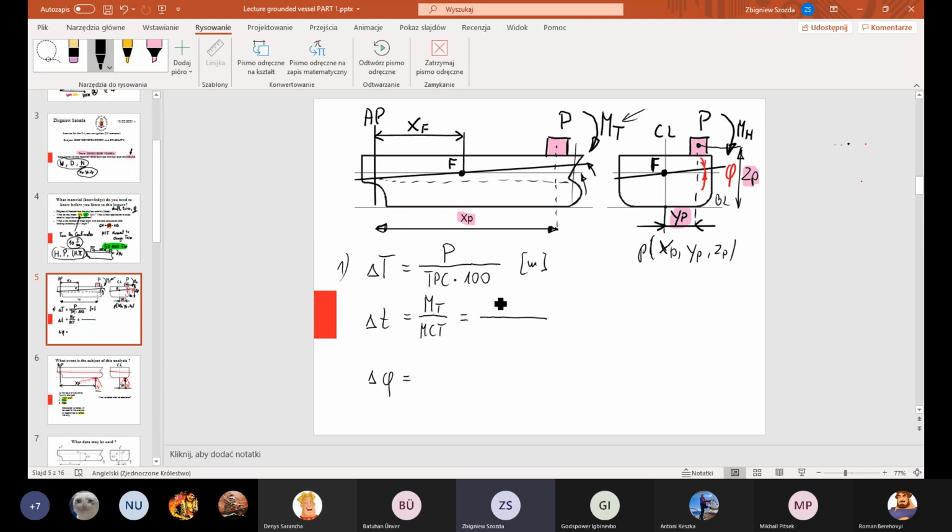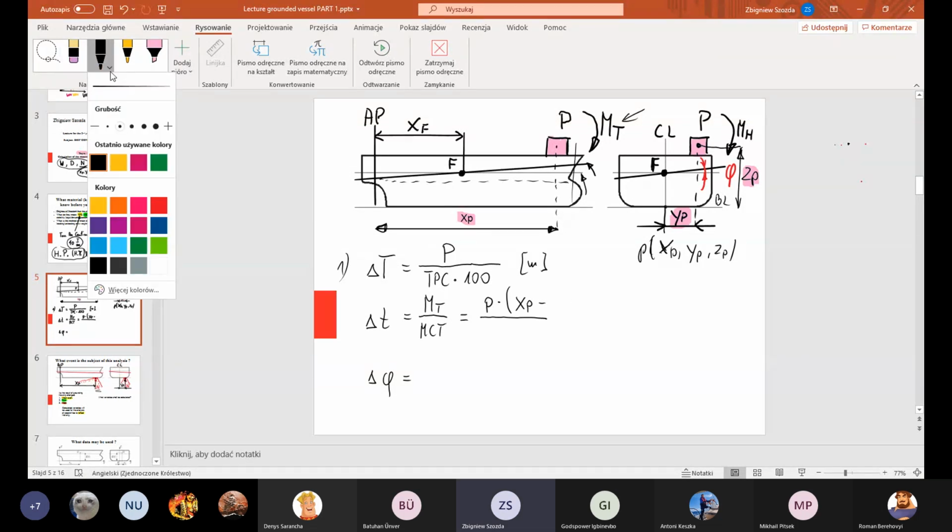So we need to multiply our weight on the difference between the position of our weight XP and the position of the center of flotation XF. Yeah, maybe I will put here LCF instead of XF. Do you know why?